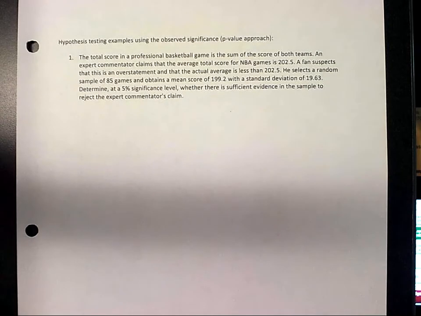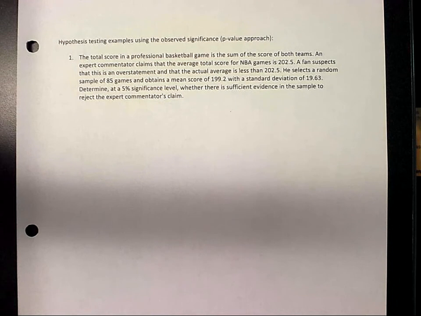All right, so let's do it. The total score in a professional basketball game is the sum of the scores of both teams. An expert commentator claims that the average total score for NBA games is 202.5.